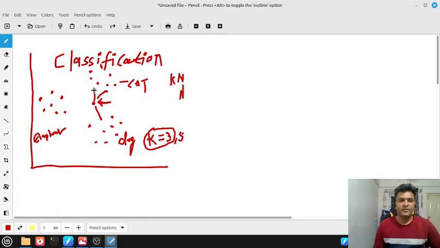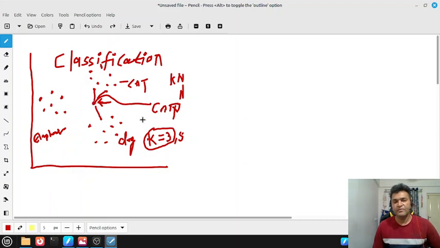We see three distances, the nearest ones. What is the majority? In dog only one point belongs, and these two points belong to the cat category. So our classifier will predict cat, either as the word cat or as a numerical value, whatever we have set.